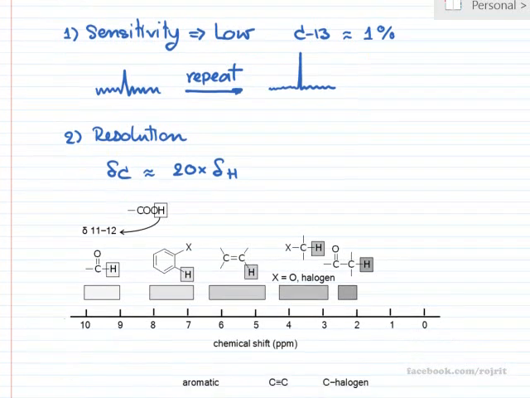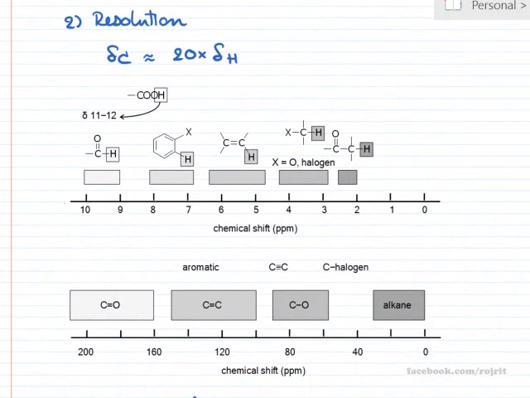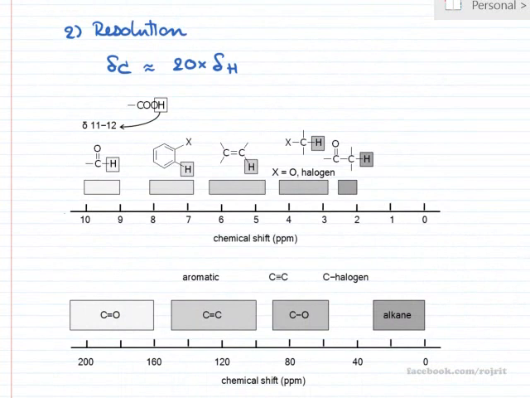In the picture over here, as you can see, the upper graph is the chemical shift of proton NMR, but the bottom graph is the chemical shift of carbon-13 NMR. The carbonyl appears around 200 ppm, and the alkane appears at about 10 ppm.